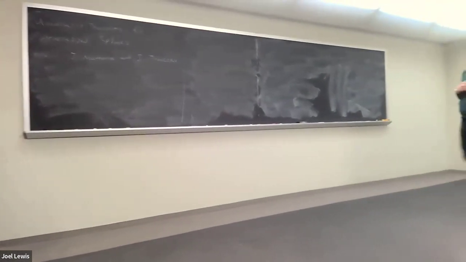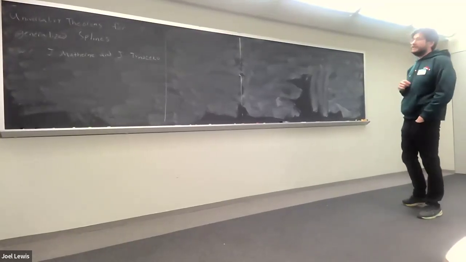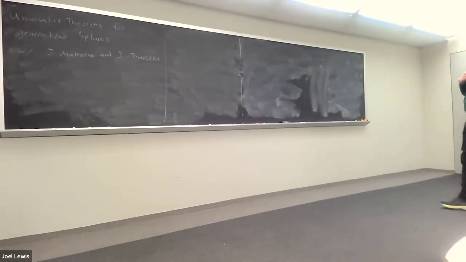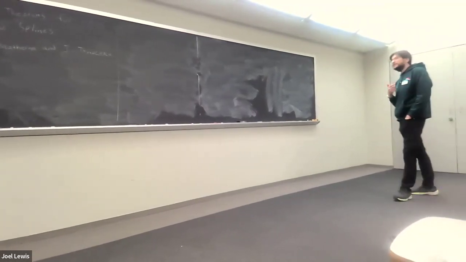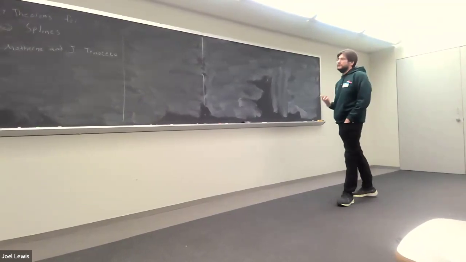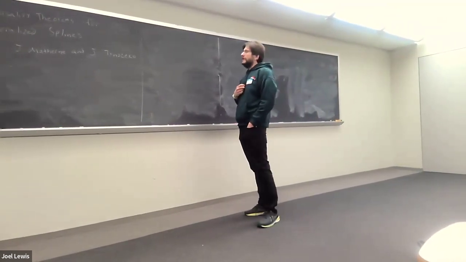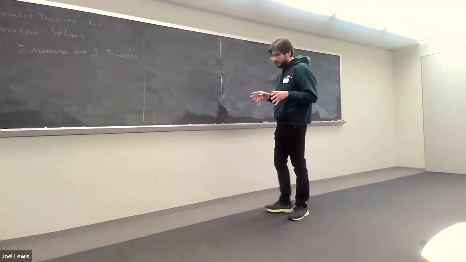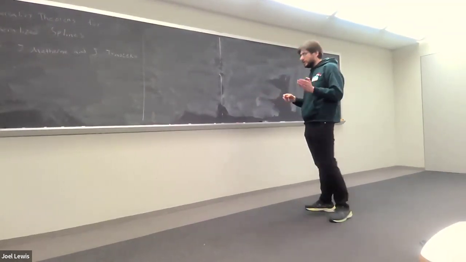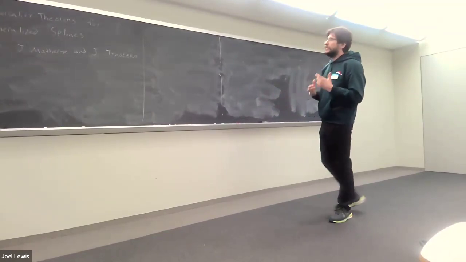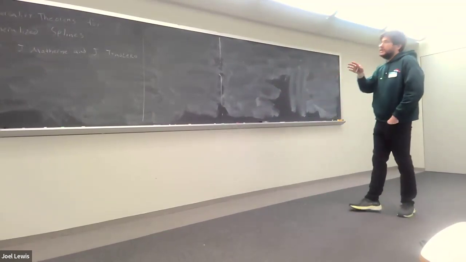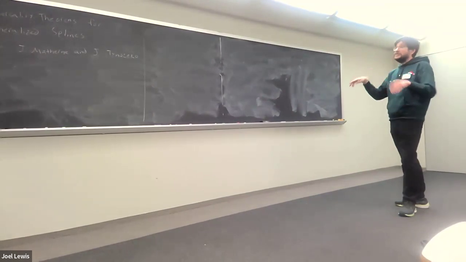Classically speaking, and when I say classical, I mean going back to like the 1800s, if you talked about splines in a mathematical context, you were talking about essentially piecewise polynomial functions, usually defined on polyhedra. Generally, you have piecewise polynomials with some degree of smoothness that is demanded on the intersection of the pieces.